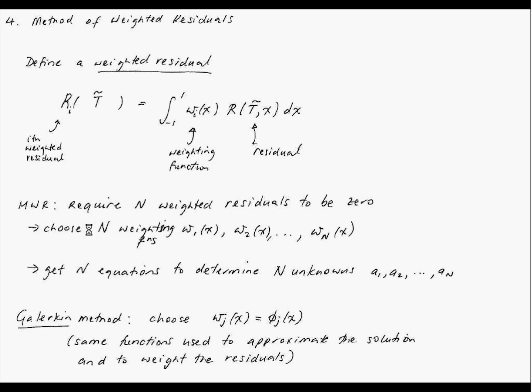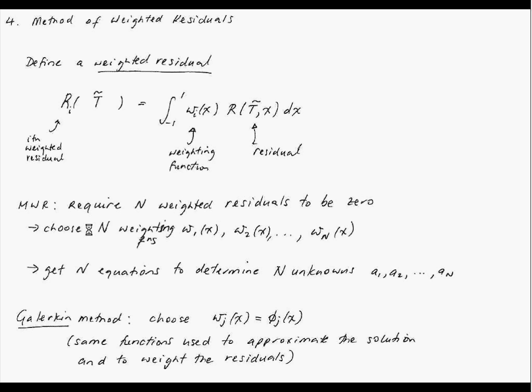And it turns out that this choice has really good properties for some PDEs. And again, if you take 16.920 with Professor Wang in the fall, you would see how this plays out from an energy perspective. So this just means the same functions are used to approximate the solution as are going to be used to weight the residuals.